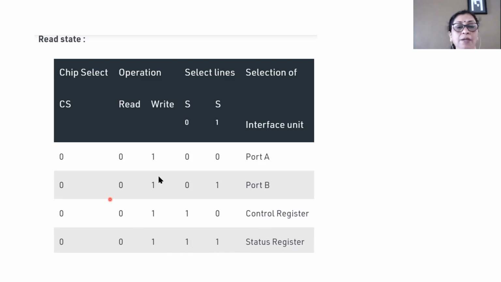Here you can read data from port A, read data from port B, write data into the control register, and read data from the status register. You do this through a program written in the CPU, so the CPU alters all these things.